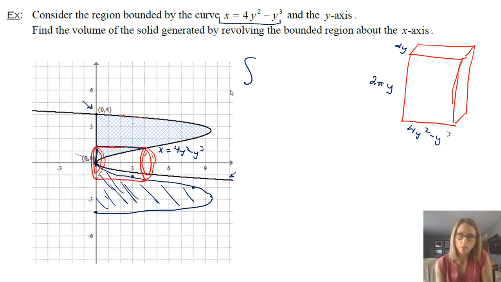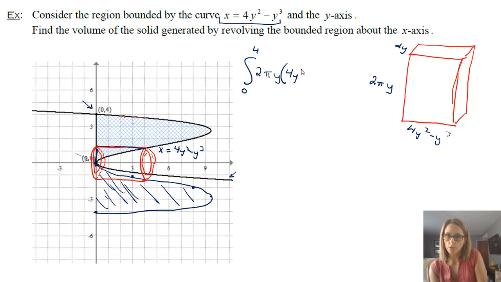But we've got 0 to 4 because we're going from 0 up to 4. It gets rotated, but the actual integration is from 0 to 4. And then we'll have 2 pi y, that's that height, times f of y, which in this case is the curve 4y squared minus y cubed. And then we have dy.